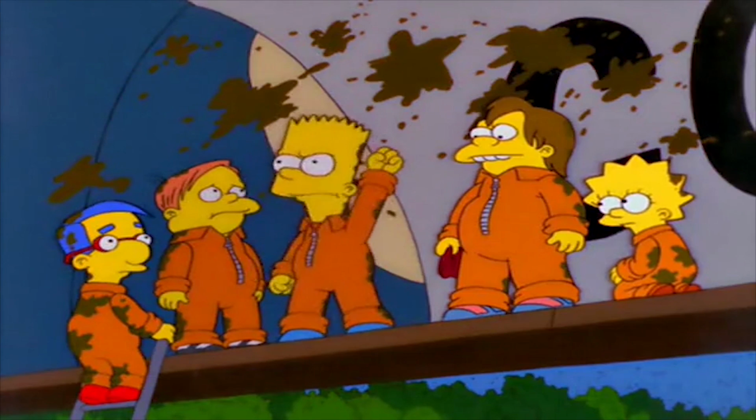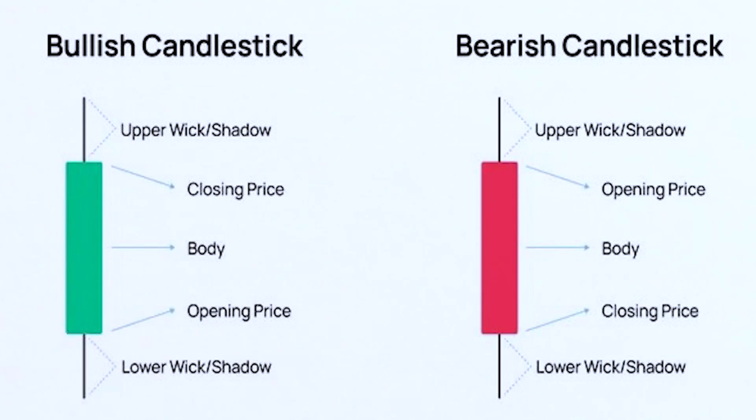Candlestick patterns. At their core, candlesticks show the battle between buyers and sellers within a specific time frame. The body of the candlestick represents the opening and closing prices, while the wick or shadows indicate the highest and lowest prices during that period.